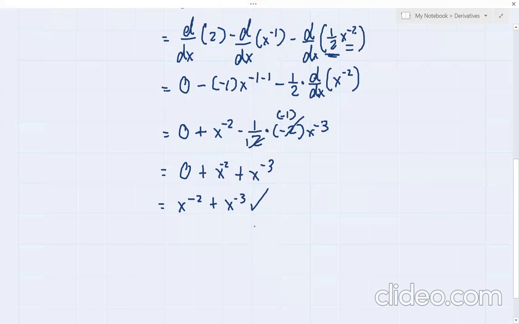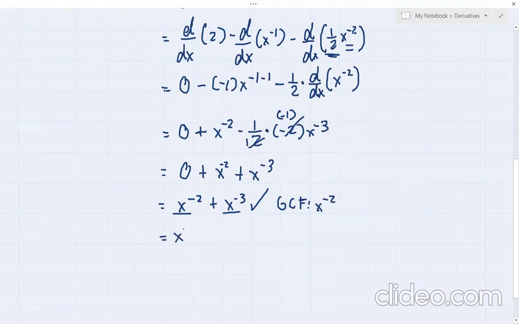Or, pwede pa natin itong i-simplify. Ito, si x raised to negative 2 at saka si x raised to negative 3, they are both divisible by x raised to negative 2. Okay? At yun yung greatest common factor niya, which is x raised to negative 2.